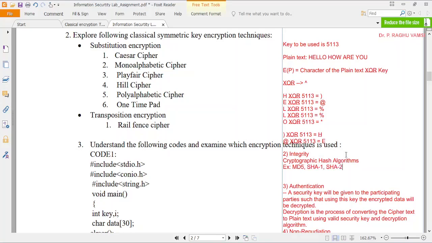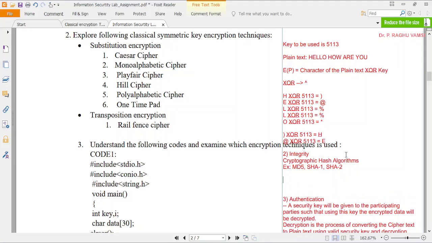Many such cryptographic hash algorithms are there. If I say the MD5 algorithm is used, on MD5 you can place any length of data. It may be 1 bit or 1 byte, maybe 1000 bytes or 1 gigabyte. That is up to you. You can place any length data. So MD5 of data will give you a message digest, or hash.